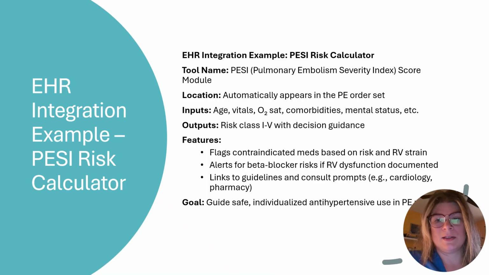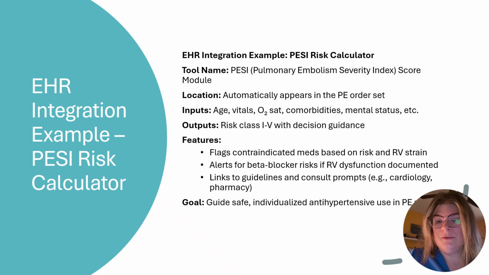The PESI risk calculator integrated into the EHR exemplifies how technology supports individualized patient care. It automatically appears in PE order sets and uses inputs like age, vital signs, oxygen saturation, and comorbidities to classify risk from 1 to 5.